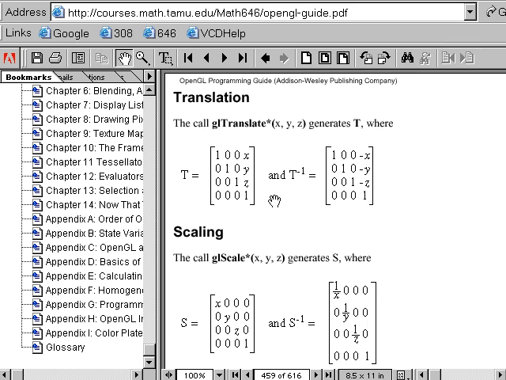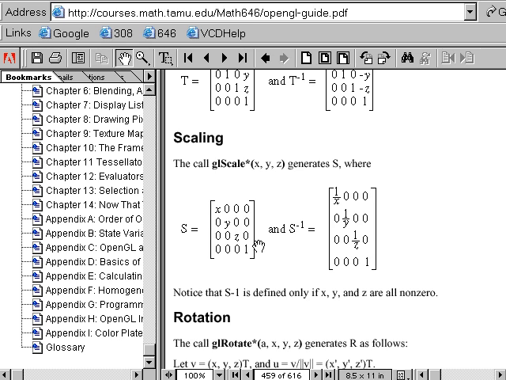And the last row is this. Now, what's the inverse of that? Well, if you're going to translate to the right by plus x, the inverse is translate to left by minus x, so you can verify that this is the translation. So translation is just putting 3 numbers in the last column.